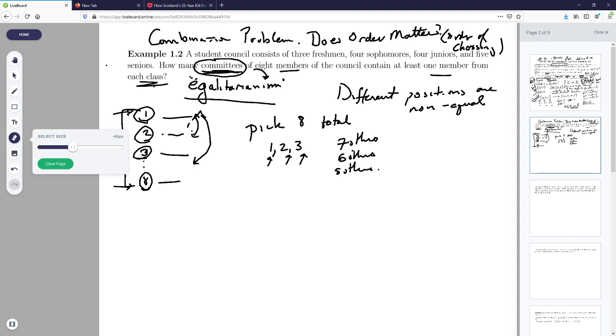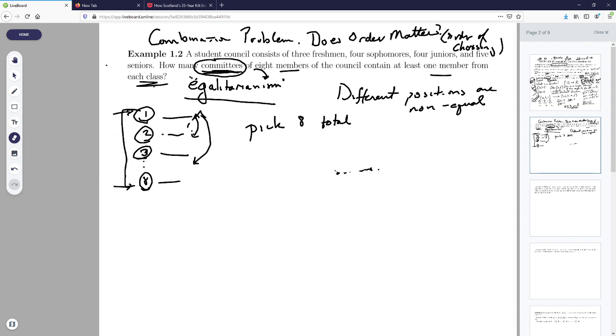The point about this is that I think the easiest way to do this is to use the complement method, because adding up all the different ways to do this would be huge in general. So we're going to ask how many ways can we exclude at least one class?